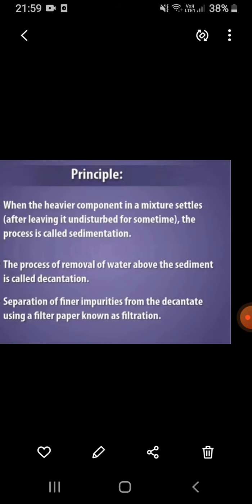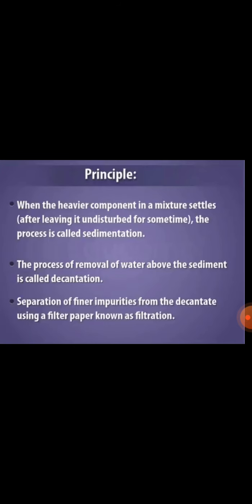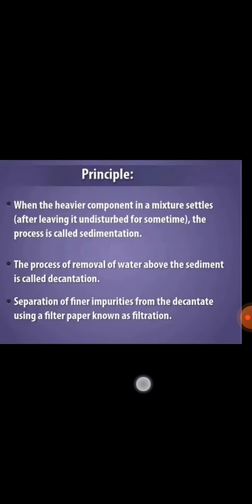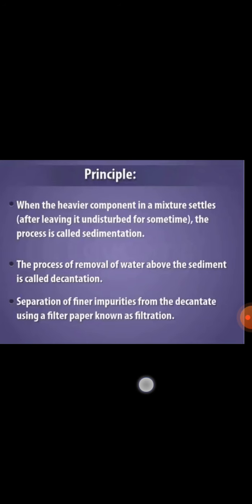After decantation, we get this water, but that is not clear. Still, small fine particles of mud are there. Now, how do we get the clean water? We get it by passing the filtrate through a filter paper, and the process of filtering the impurities present in muddy water through filter paper is called filtration.